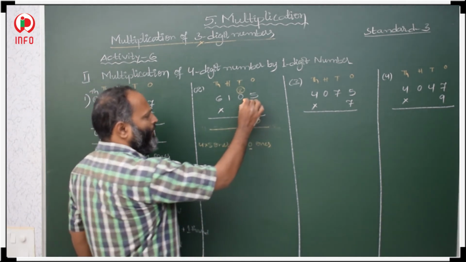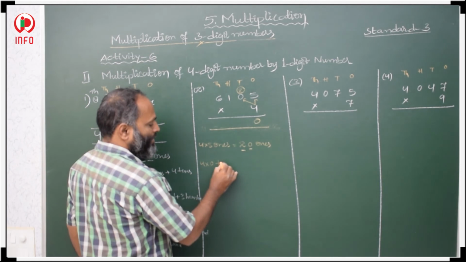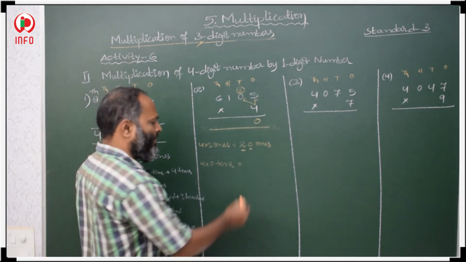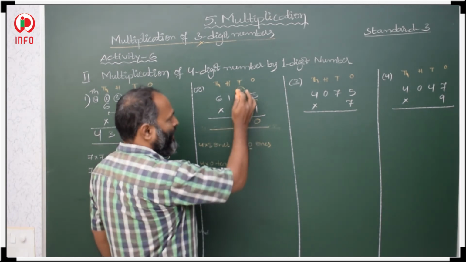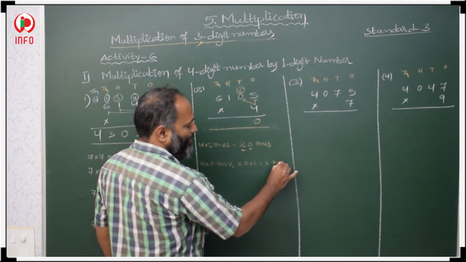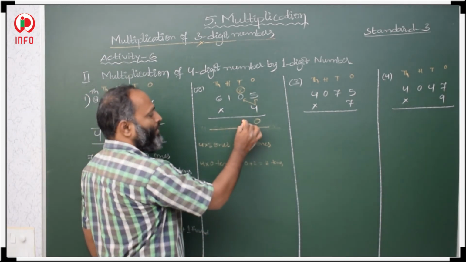Now 4 with tens place, 4 into 0 tens, 4 zeros are 0, what is carry over here? Plus 2, 0 plus 2, 2 tens. Here 2 is a single digit number, there is no carry over, so 2 in tens place.